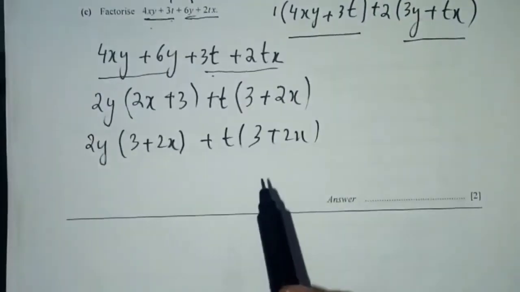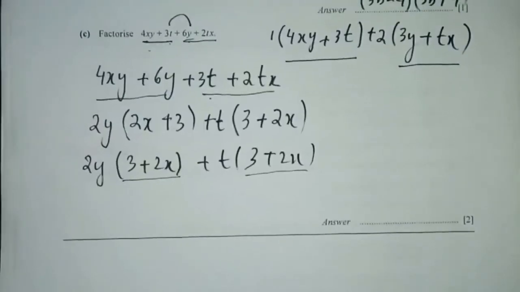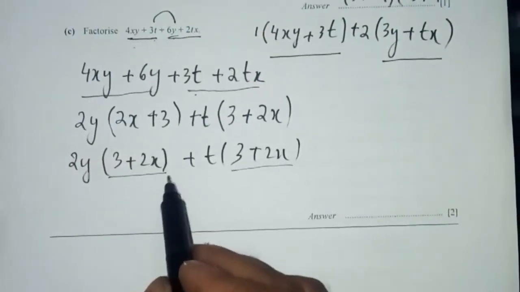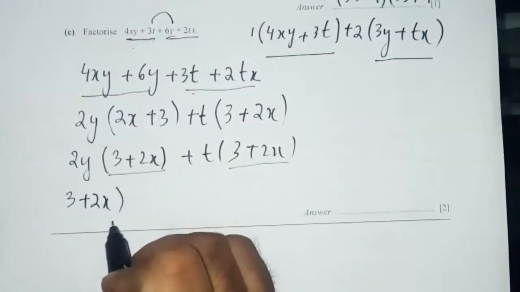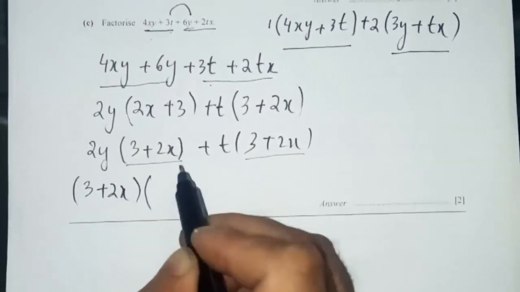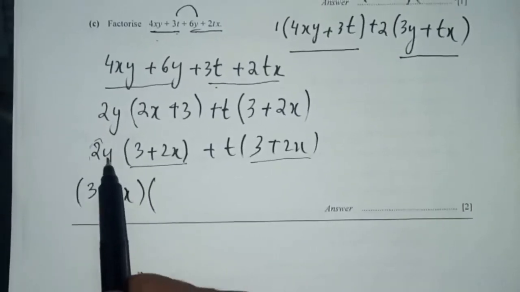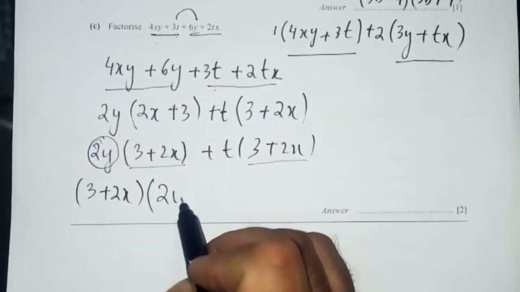Now you can see here these two things are the same. So it means we are on the right track. So I will take this 3 plus 2x common here. 3 plus 2x common. And when I take this common, what is left here? 2y left. I will write 2y here.